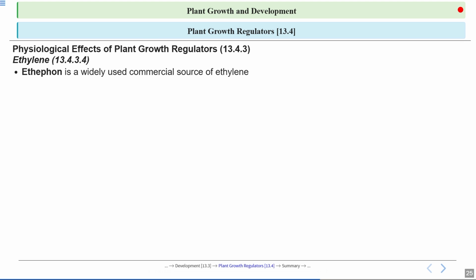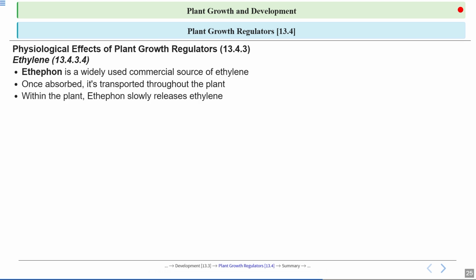Ethephon is widely used commercially as a source of ethylene. So whenever you require this ethylene hormone, you can get it from the market in the form of ethephon. Once absorbed, it is transported throughout the plant, right? Within the plant, ethephon slowly releases ethylene and it makes the fruits ripen.